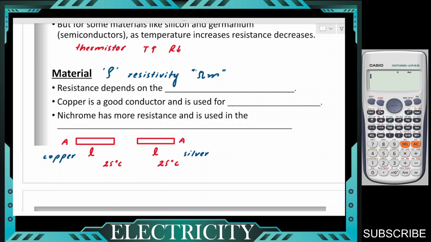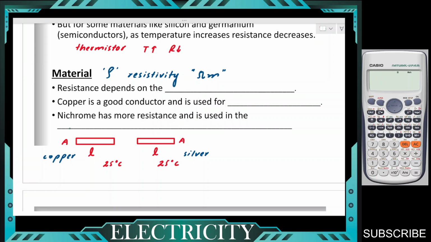And it depends on the atomic structure of the element. And by that, I mean the internal structure, the spacing between the atoms, the energy of the atoms, their orientation. So it depends on the material itself.